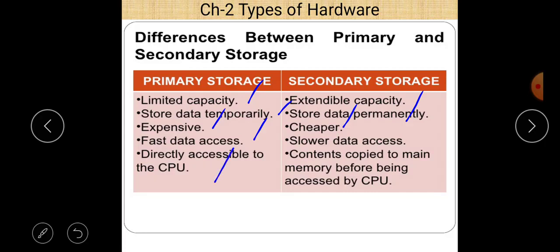Primary storage is directly accessible to the CPU, while secondary storage is not. First, the content is copied to the main memory, meaning primary memory or RAM, and then the data goes to the CPU. So primary storage is directly accessible to the CPU, but secondary storage content is copied to the main memory before being accessed by the CPU. That is the difference between primary storage and secondary storage.